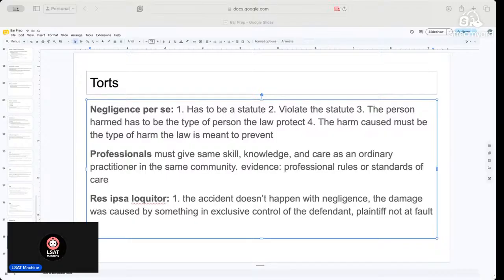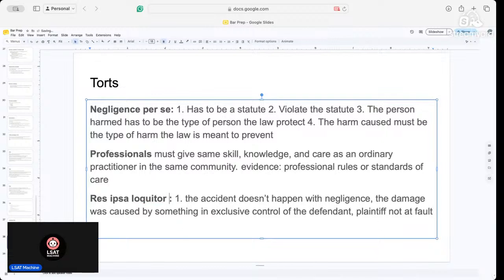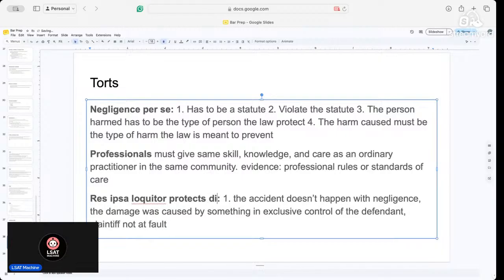Okay. So res ipsa loquitur, when that happens, all this does is, what am I trying to say? Protects against dismissal.